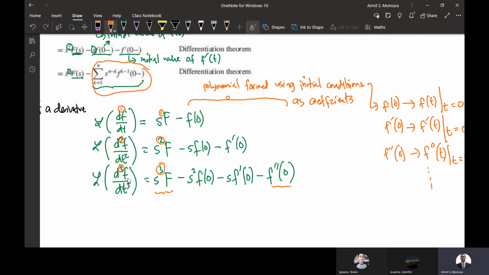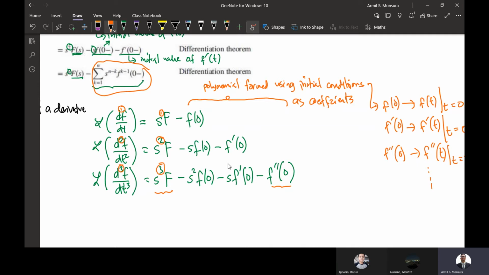Kung third derivative yung hinahanapan nyo ng Laplace transform, ang dulong term niyan ay second derivative. Kung second derivative, ang dulong term niyan ay first derivative.